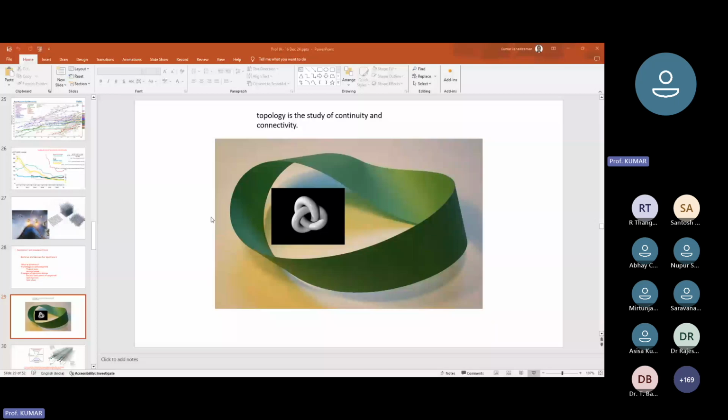So these are very interesting issues behind topological materials. Due to want of time, I cannot go into the details.